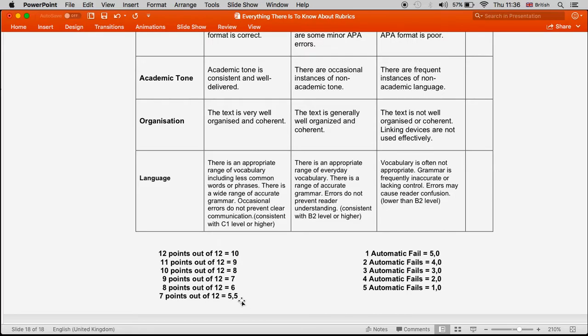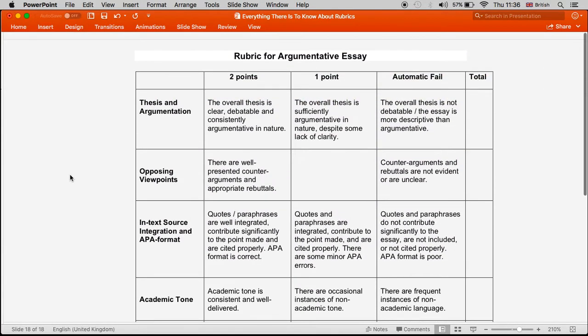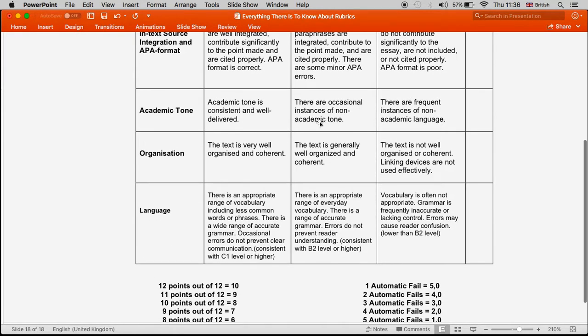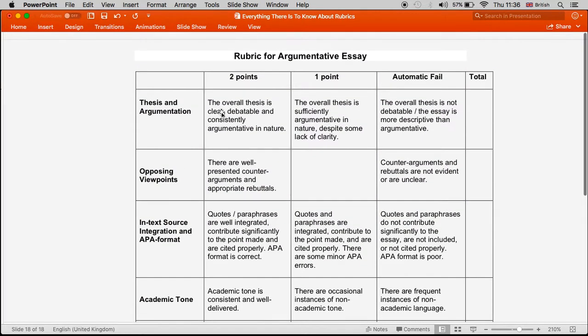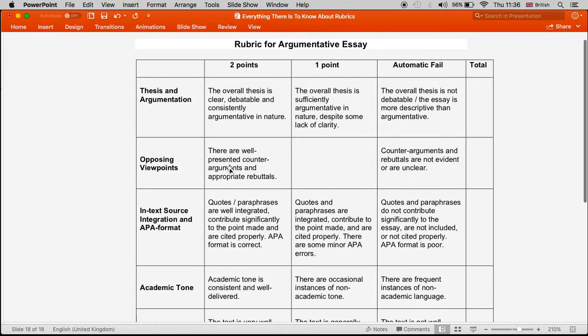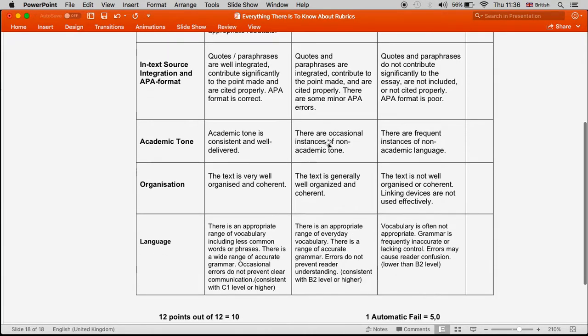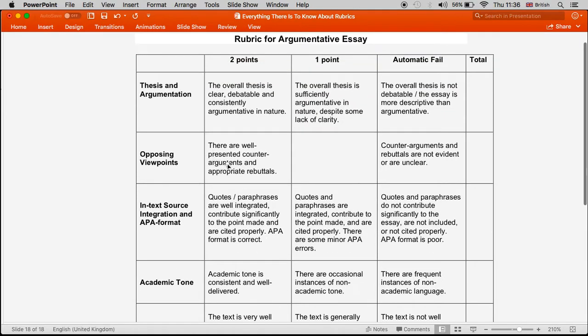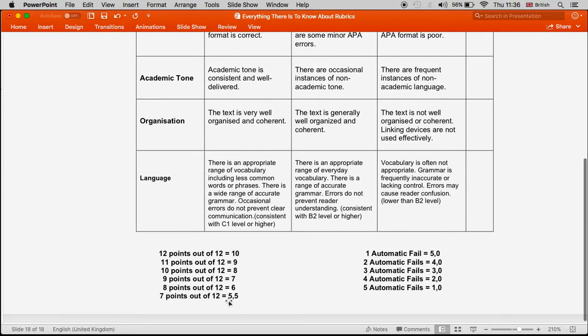7 out of 12 would be a 5.5. So for example, they could get, let's see, 1, 2, 3, 4, 5, and then they would have to get something in the higher column in this part. And here maybe they get 1, 2, 3, 4, 5, and here they get 7, right? They automatically get 2 points. They can't get 1. So that would mean it's a 5.5.